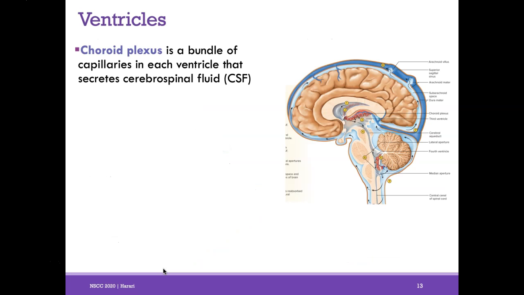So where does the CSF come from? See if you can remember from the last class, what type of cell can make cerebrospinal fluid? And if you said ependymal cells, good job. There's a bundle of capillaries in each ventricle called the choroid plexus.